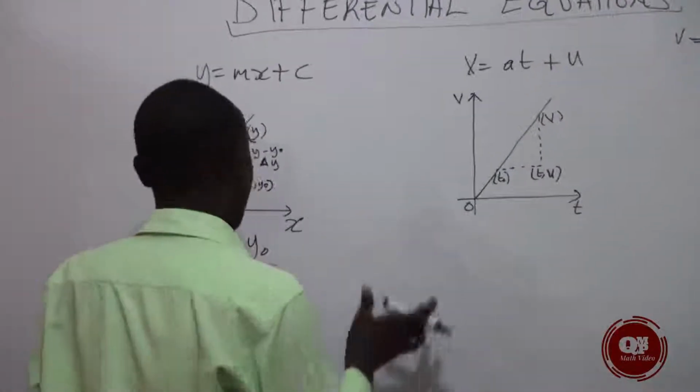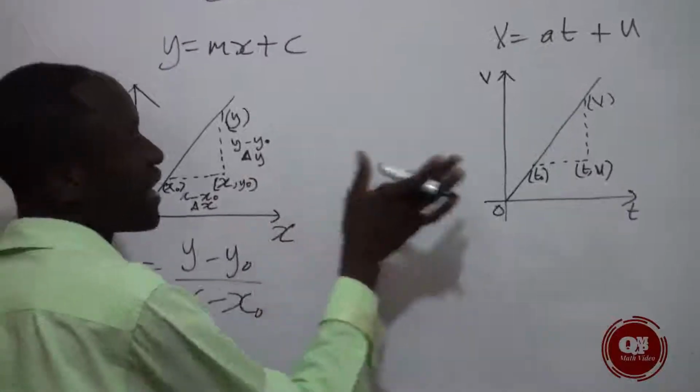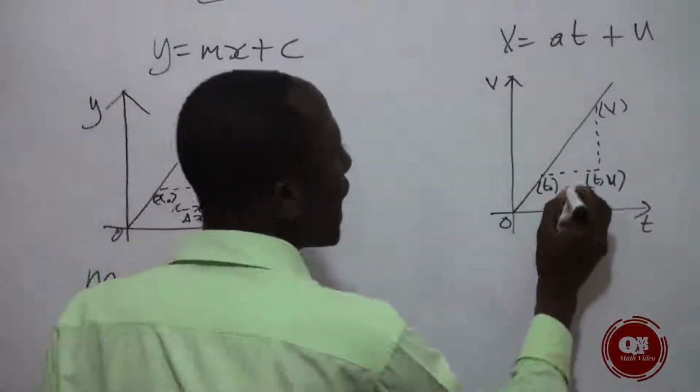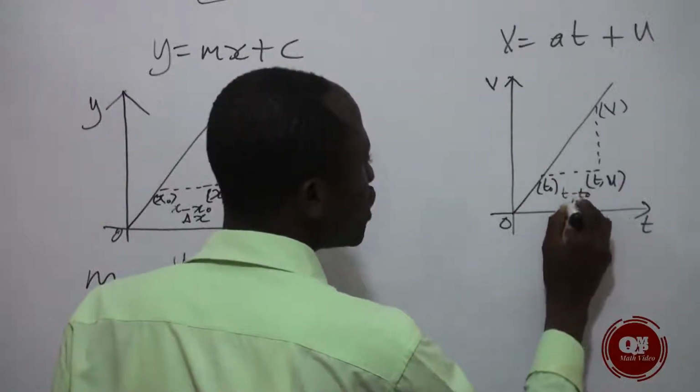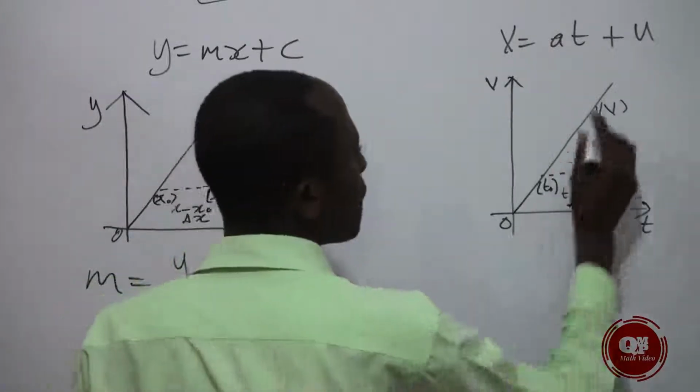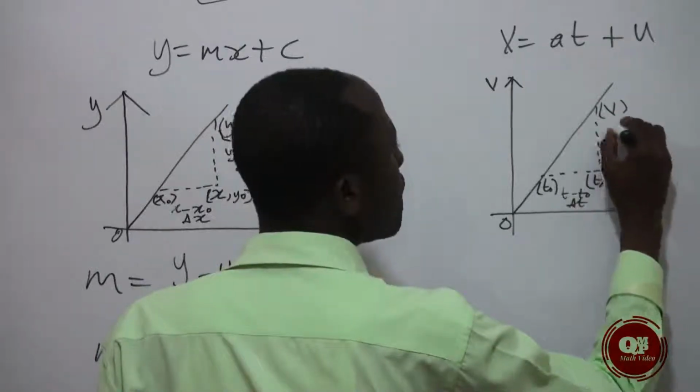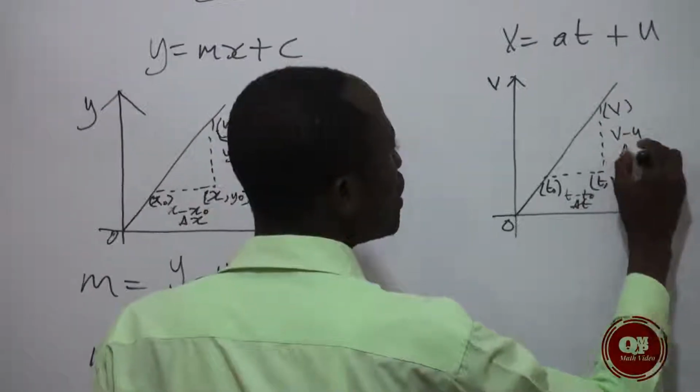Okay, as we did to the line, we're going to do the same also to this. So we have T minus T naught, and then change in T, and then we have V minus U, and then change in V.